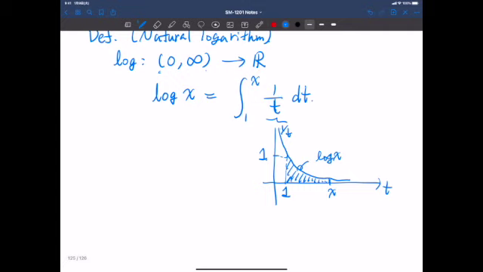But this x can be less than 1. You know, the domain of this function is from 0 to infinity. So this x can be less than 1.